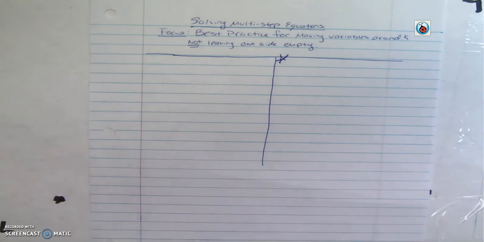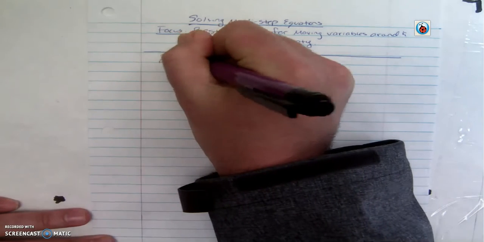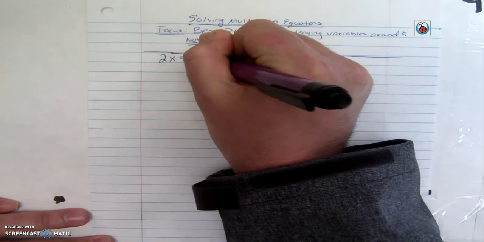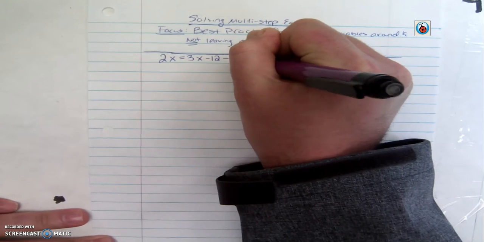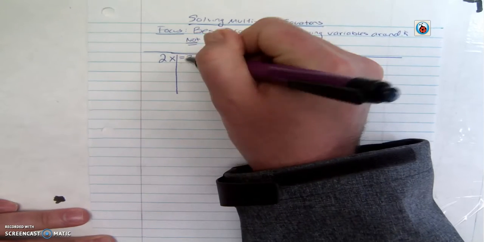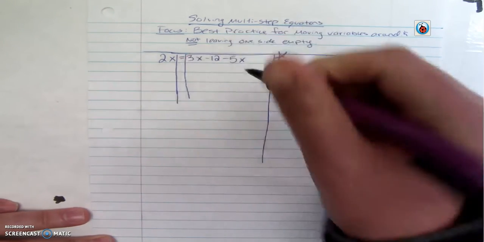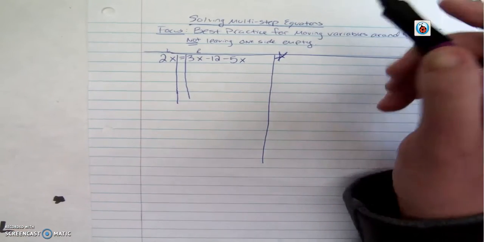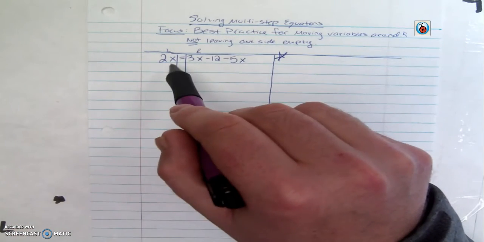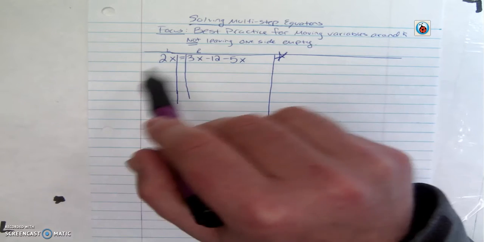Okay, so first we're going to start with the equation 2x equals 3x minus 12 minus 5x. So we're going to draw the wall, as we always do, to separate the left side from the right side. Now what we want to do is always scan the problem before we start moving things around.